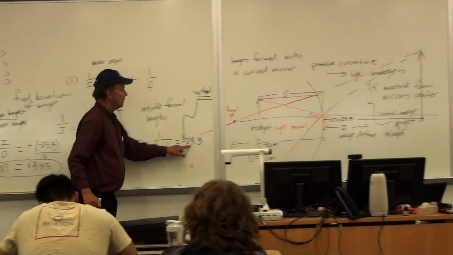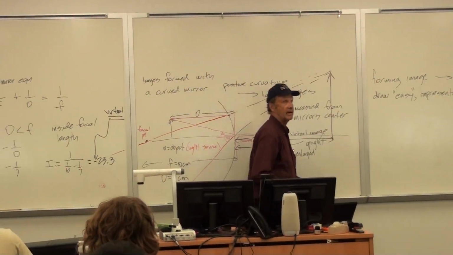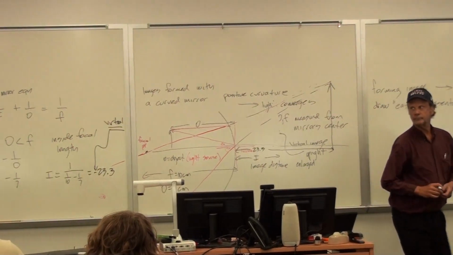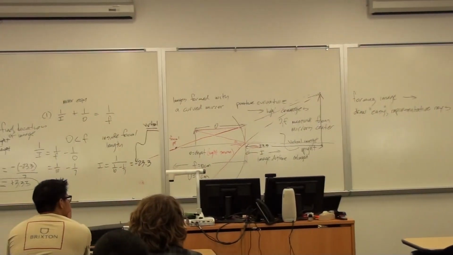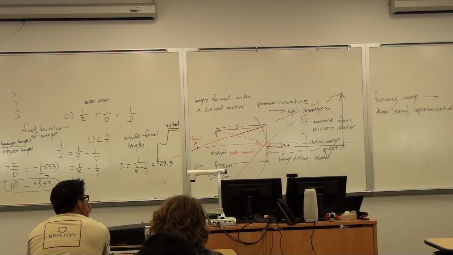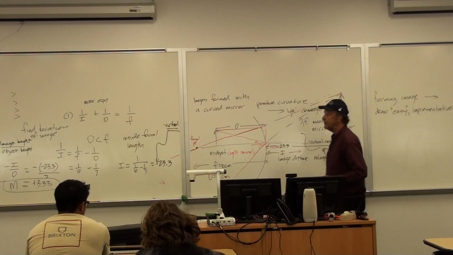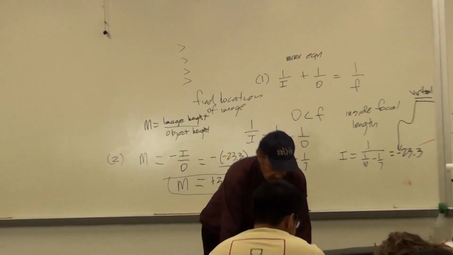It's virtual, therefore it's located on the far side of the mirror, and that's a trick of the eye. Are there any questions about that? Yeah. So M is the magnification? Right, so that's how much bigger it looks than it actually is.